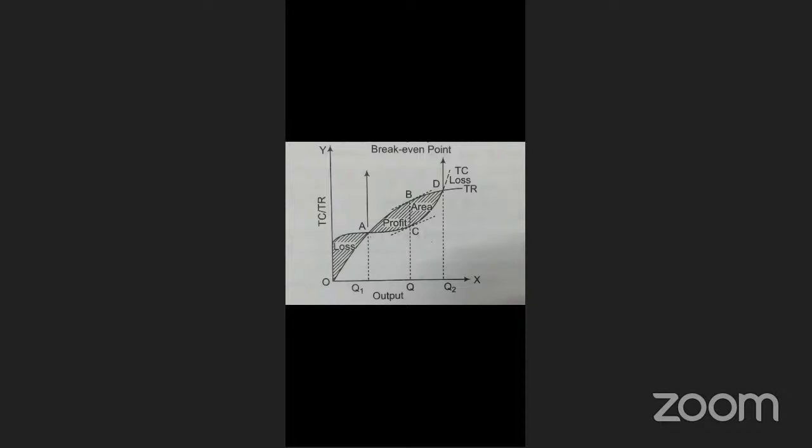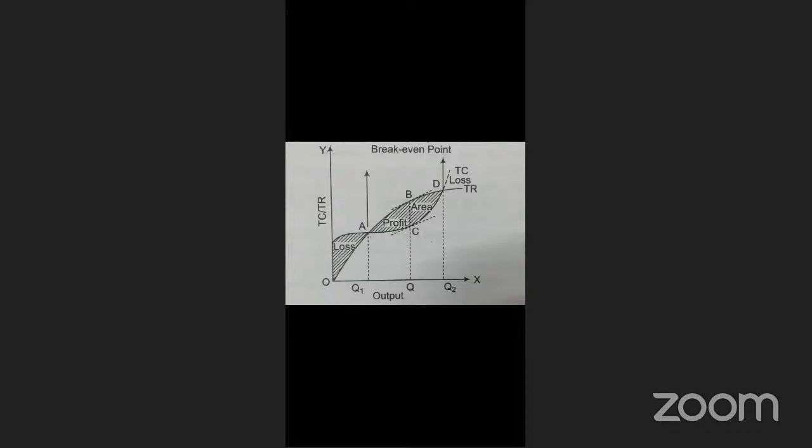At output level OQ, the difference between total revenue, TR, and total cost, TC, is the maximum.